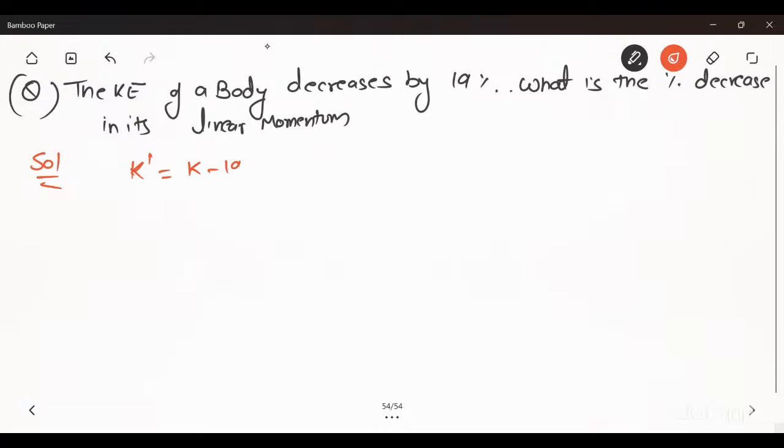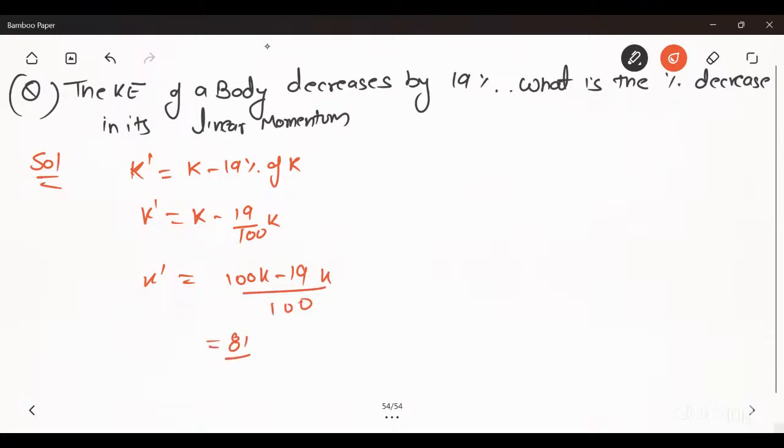So K minus 19% of K. So K minus 19 upon 100 of K. So new K dash will be 100K minus 19K upon 100. So it will be 81K upon 100.